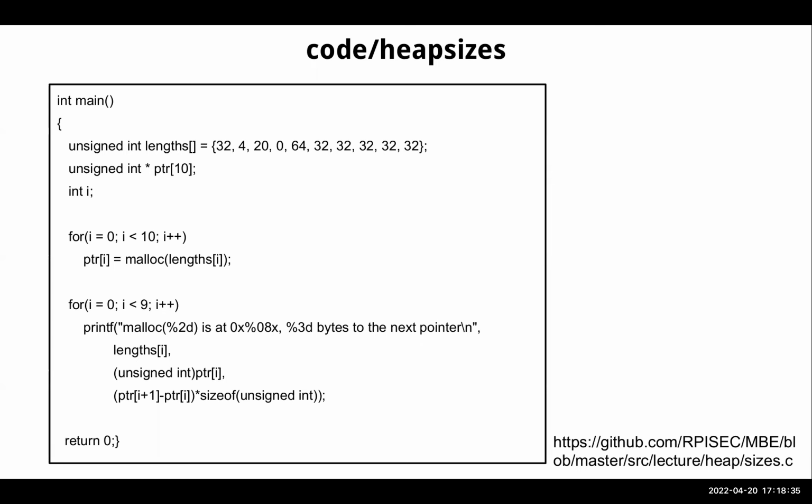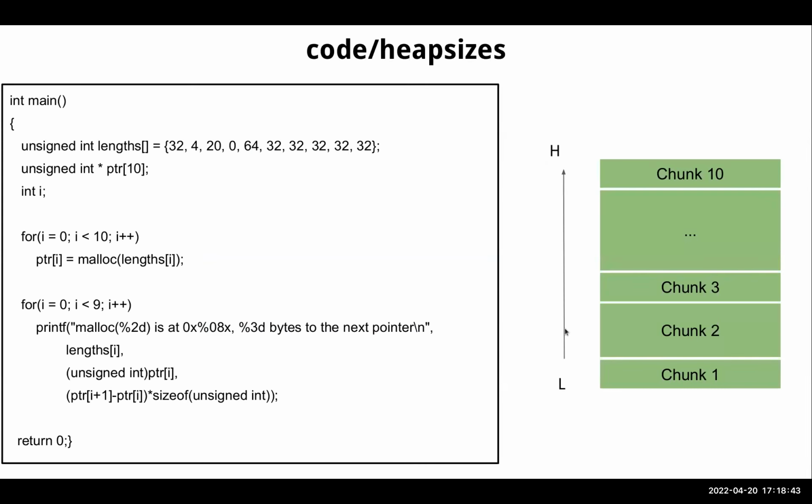So ideally, what we will have is something like this. We are going to allocate 10 buffers, or 10 chunks. The first chunk will be at a lower address, the second chunk will be higher, and it will go up to the 10th chunk. Because this is heap, we go from lower address to higher address.